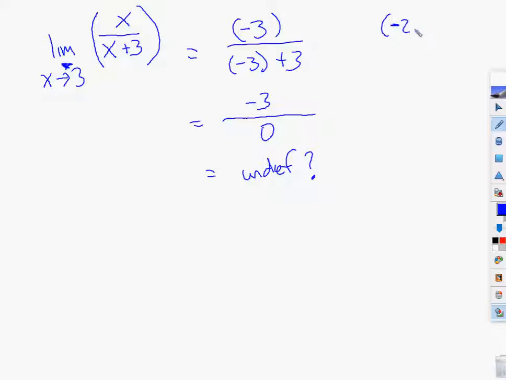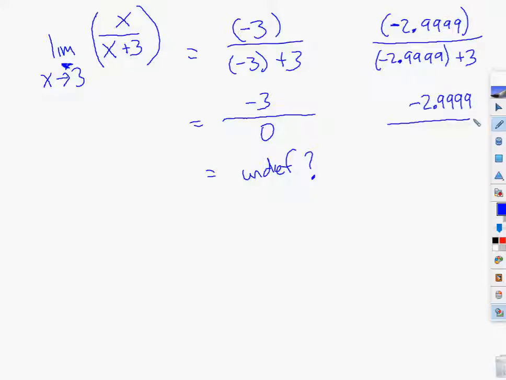So let's try negative 2.9999. Would you agree that's really close to negative 3? Okay, so let's try that number instead. Now we won't get a 0 in our denominator. What do we get in our denominator when we add negative 2.9999 to 3? 0.000 what?